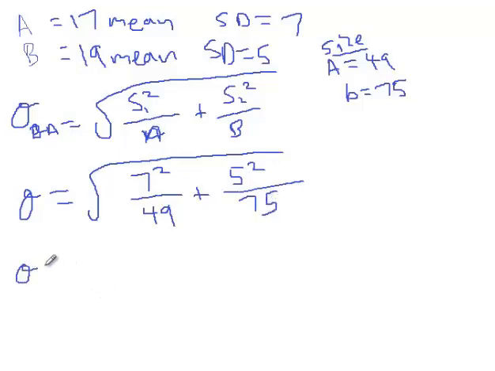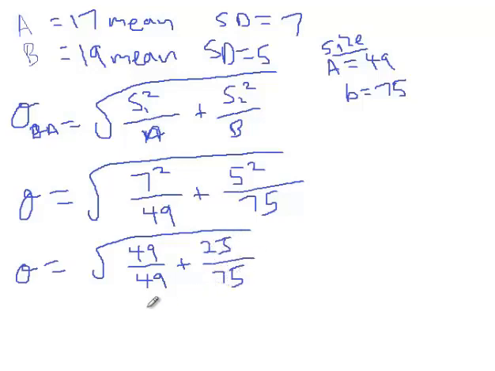So we've got 49 divided by 49 plus 25 divided by 75. Now, of course, 49 divided by 49 is 1, and 25 divided by 75 is 1/3. So the standard deviation of the difference between the two quantities is the square root of 1 plus 1/3, which is 1.33333.